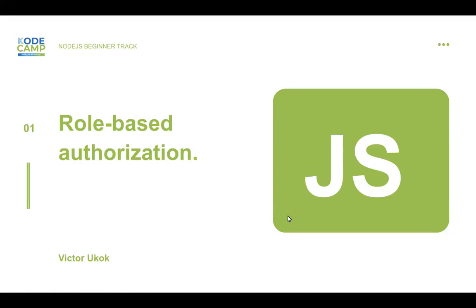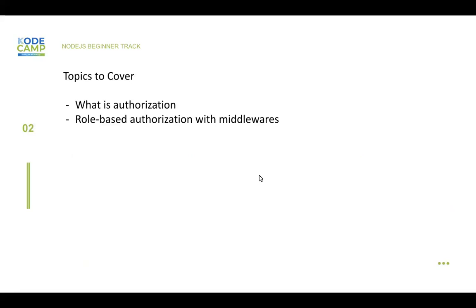So that's what I'll talk about today, and we'll see how we can make rules and then use those rules to restrict people from taking some kinds of activities. What we'll cover here is what authorization is and then how we can perform role-based authorization using Express middlewares.